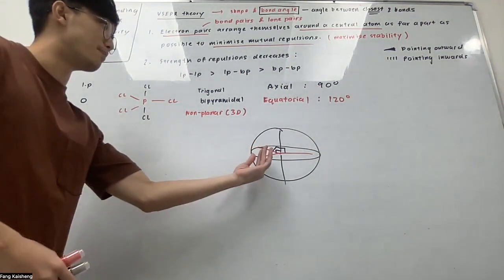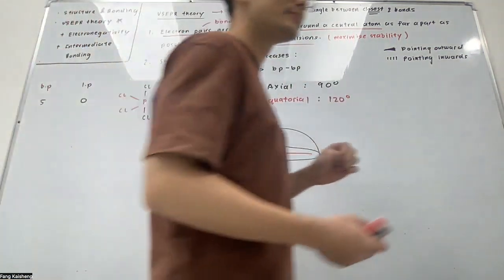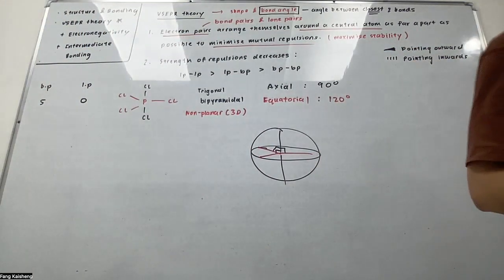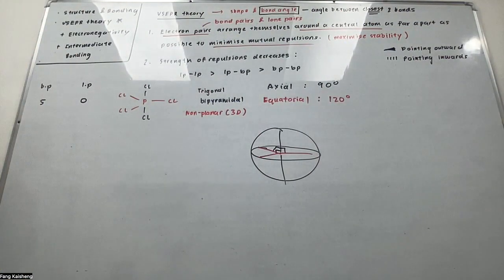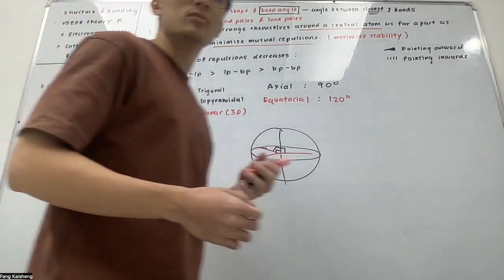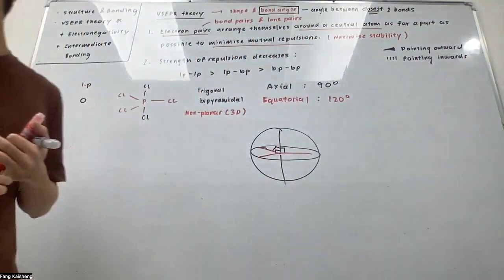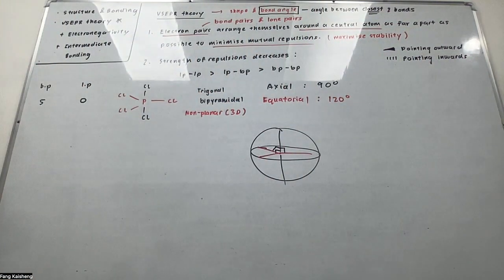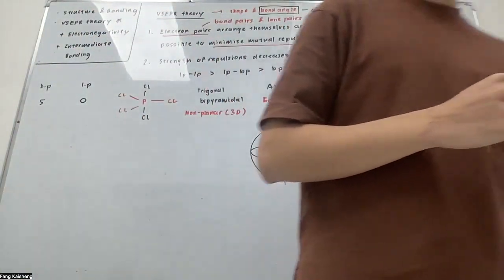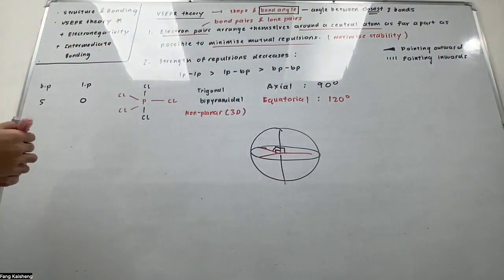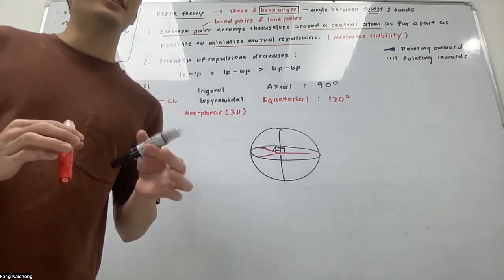Ask yourself which bond is pointing towards you and which bond is pointing away from you. Only need to change two bonds. Okay, all good.